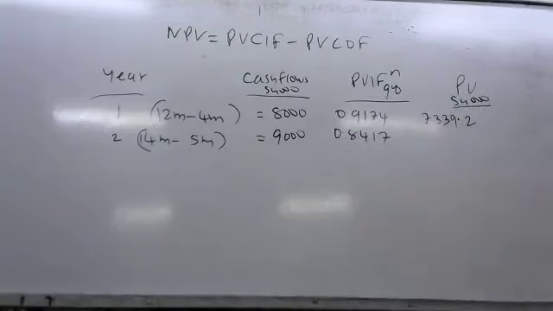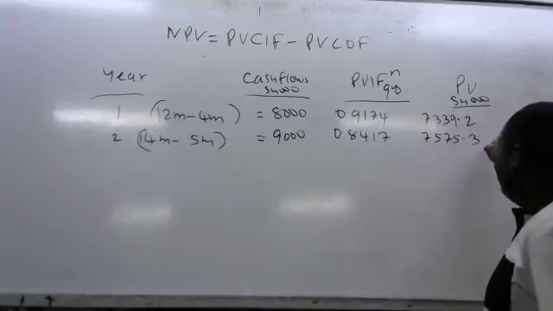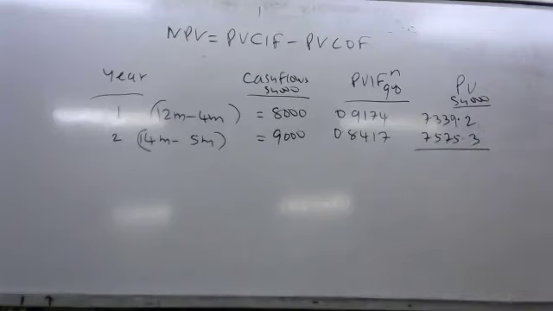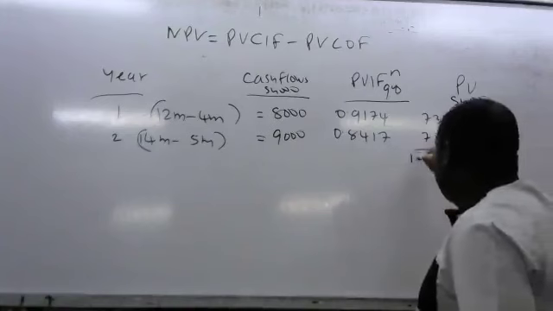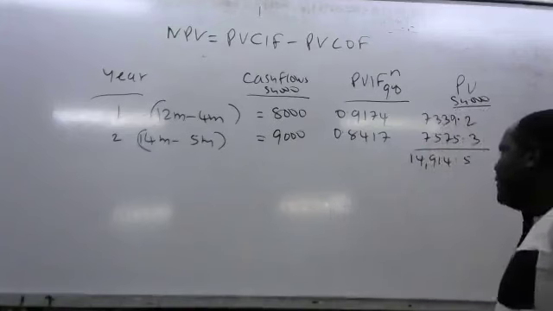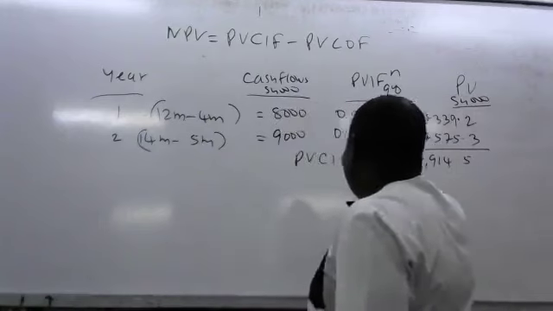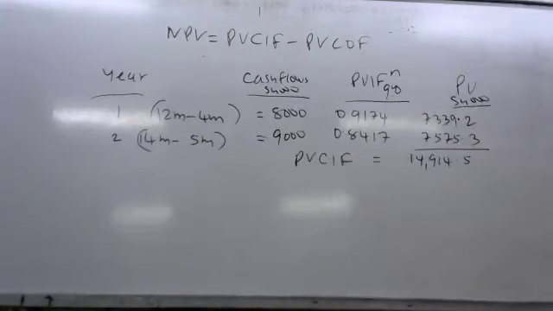So when you multiply by that figure, it should give us how much? 75.3. So that is now our present value for the cash inflows.